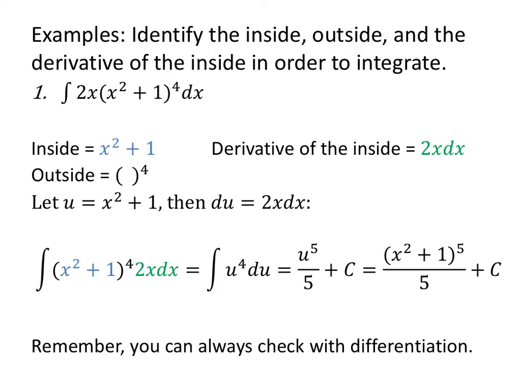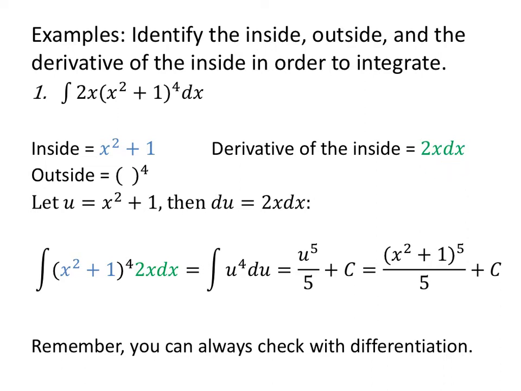So when I look at this, x squared plus 1 is inside the fourth power. So inside x squared plus 1, the outside is to the fourth. Once I identify my inside, I take the derivative. The derivative of x squared plus 1 is 2x. And we're going to call it 2x dx because it is the derivative based on the variable x.